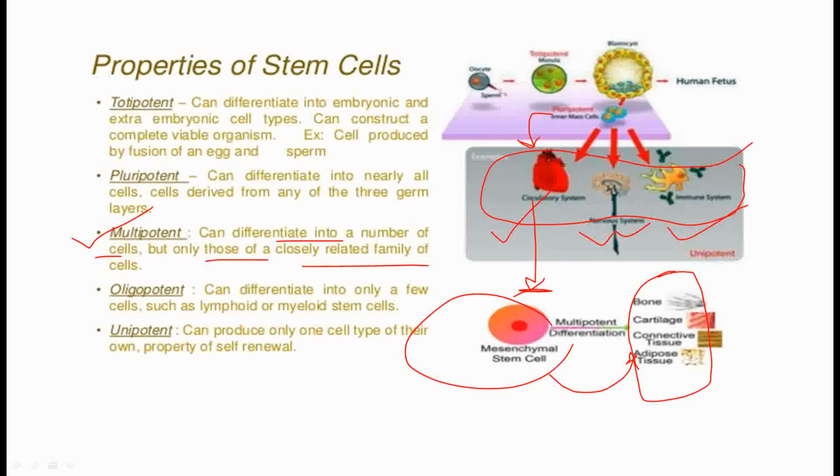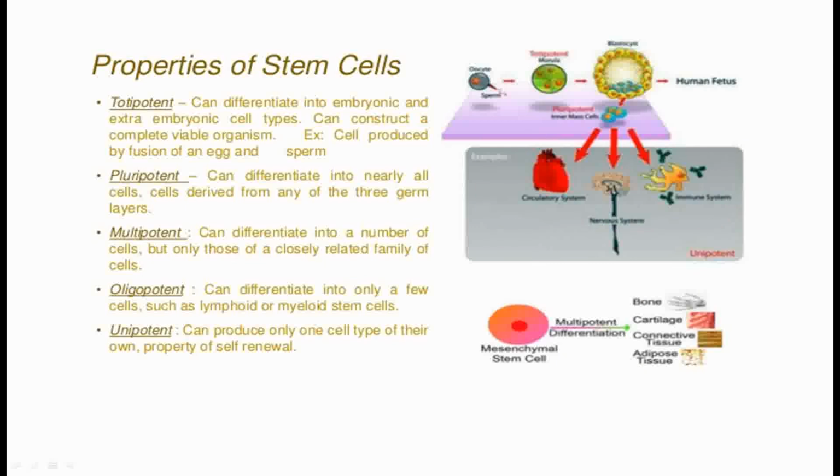So this is an example of multipotent stem cell. Next comes oligopotent. This is sometimes like multipotent stem cell, and this can differentiate into only a few cells such as lymphoid or myeloid stem cells. Next comes unipotent. These can produce only one cell type of their own. These have the property of self-renewal.